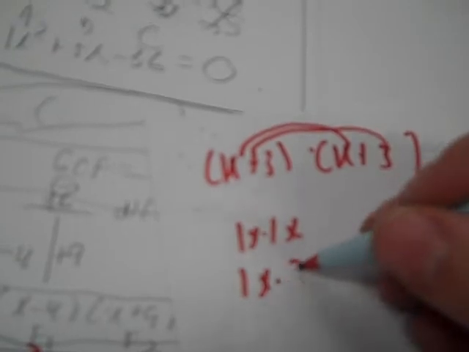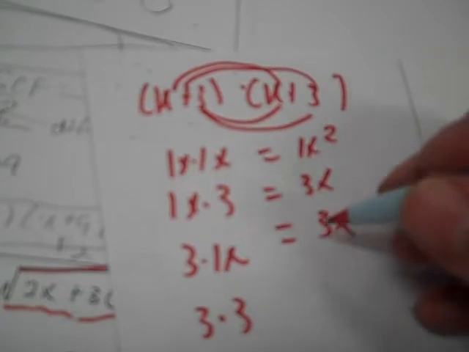So 1x times 1x, 1x times, your way's got to work, though, every time, not some of the time. So it's 1x second, 3x, 3x. Those don't cancel. They're both positive. So I got 1, 6, 9.